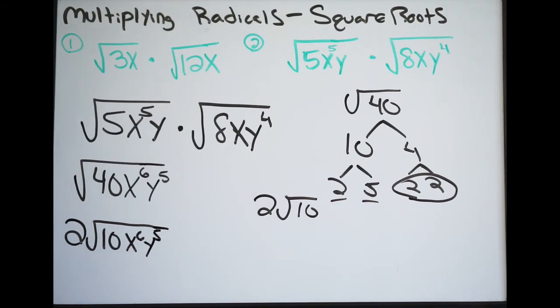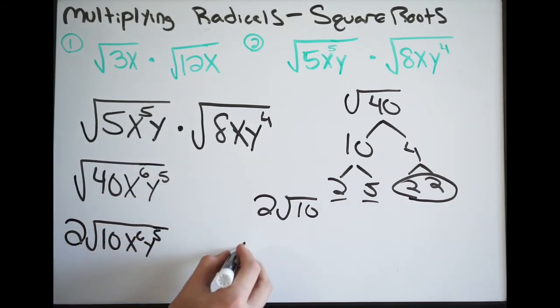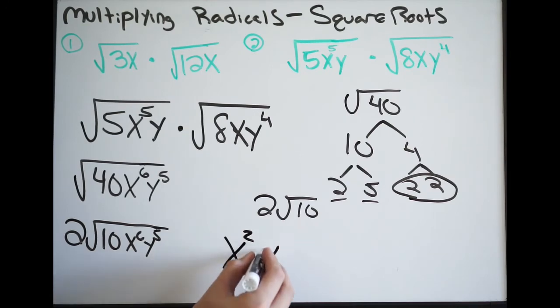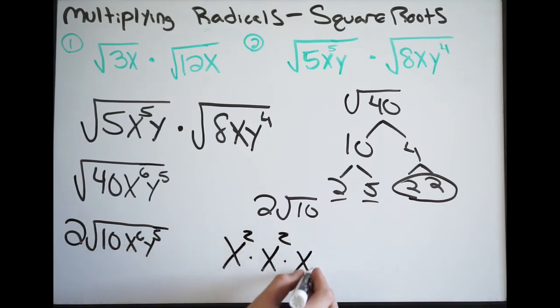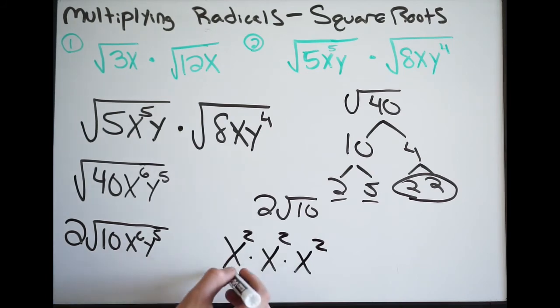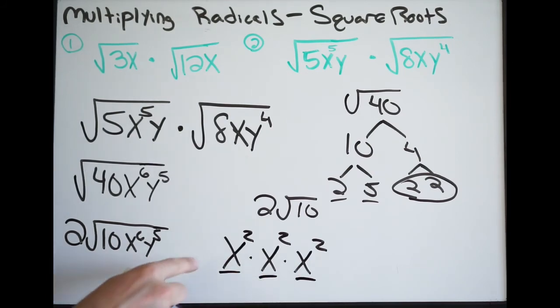Let's work on our variables now. Let's start with x. Since this has an index of 2, we want to rewrite this so it says x squared, or x to the 2nd power. That way we can pull it out. Looking at x to the 6th, I can rewrite this as x squared times x squared times x squared. That is x to the 6th power. Notice I have 1, 2, 3 x's that are to the 2nd power, meaning 3 x's can come out.